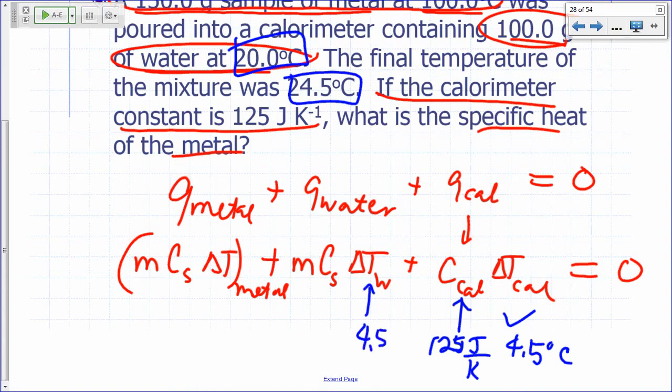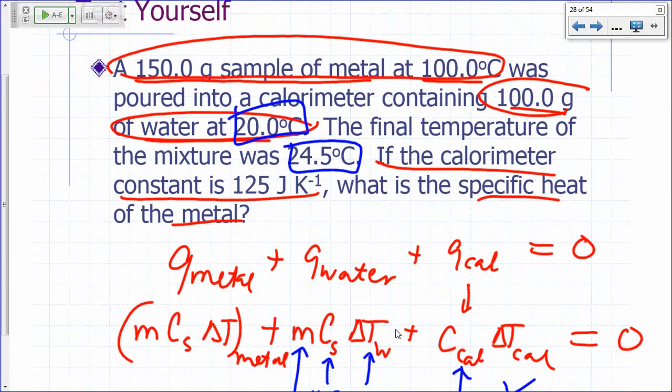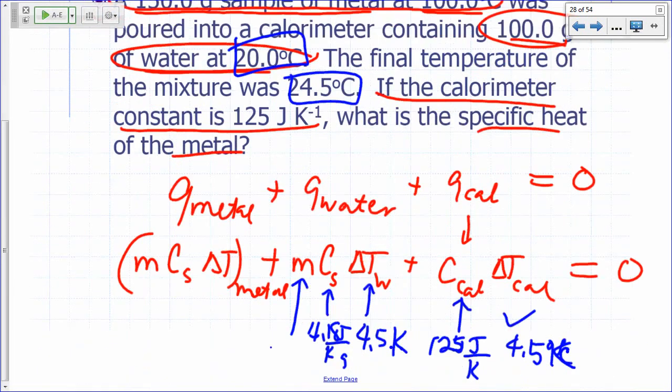Let's call that Kelvin instead of Celsius for consistency. It went from 20 degrees Celsius to 24.5. Specific heat of water, do we know? 4.18 joules per gram per Kelvin. Do we know the mass of the water? The mass of the water was 100 grams, right?